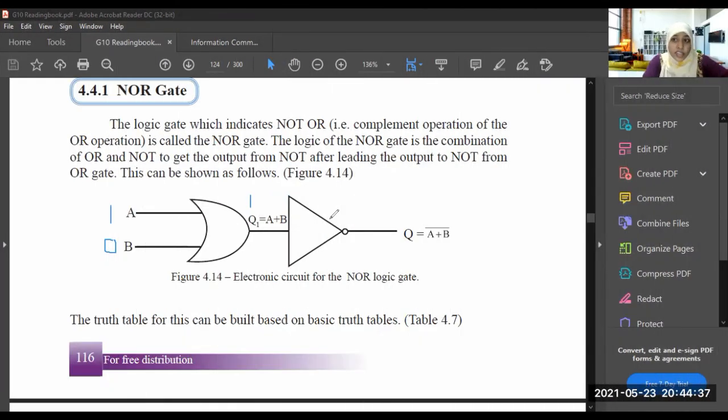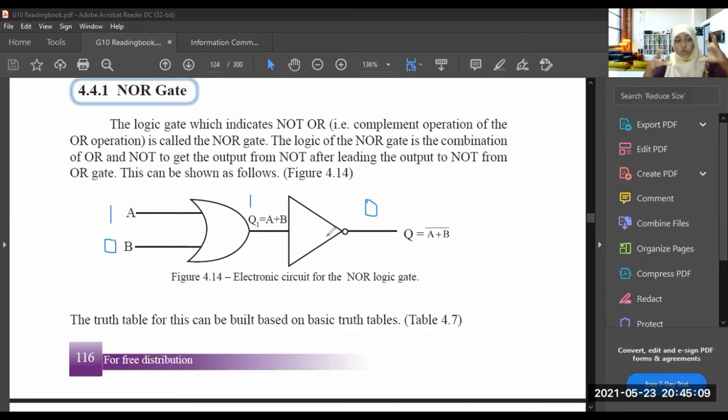NOT gate is naughty. It is not doing as I am telling. If I say to sit, it will stand. If I tell to stand, it will sit. It does the vice versa. So what will be the answer here? 0. This is how you should take the output. Right? So the combinational logic gate, you can draw it like this.